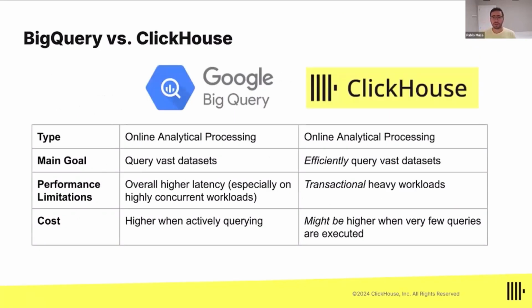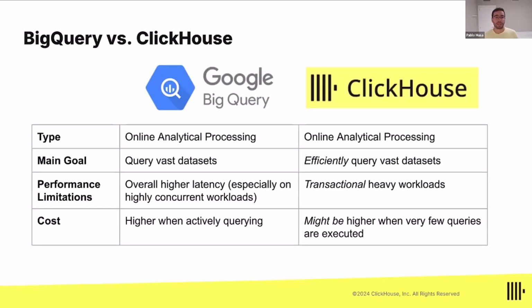So here I'm trying to summarize it in a table. Both are analytical processing databases, so they were built for you to run analytical queries. BigQuery is focused on querying vast data sets. That's great. But ClickHouse focuses on efficiently querying vast data sets and being really, really fast when doing it, right?